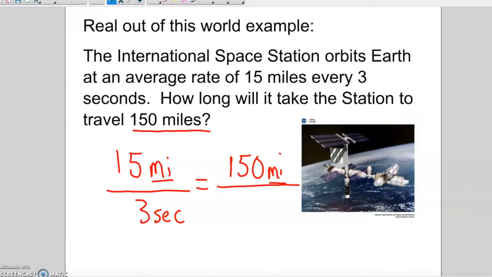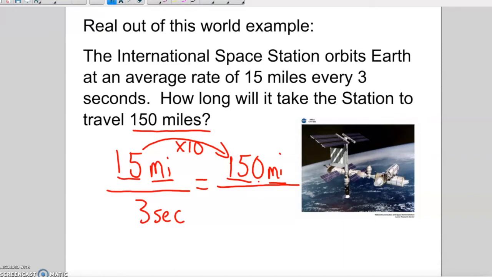All right. So the question is, well, how do you go from 15 to 150? Well, what do you multiply by? Well, look, 15 is the same, 15 is the same. There's a 0 on the end, so I must be multiplying by 10, right? 15 times 10 is 150.